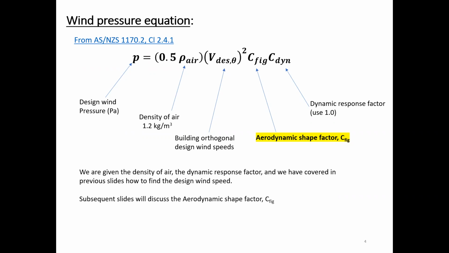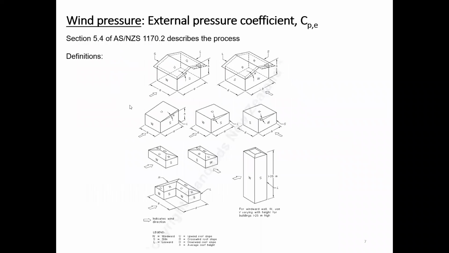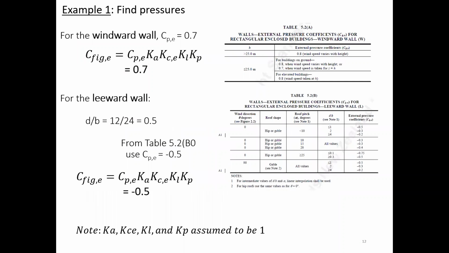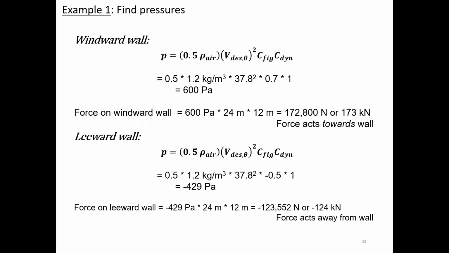So do that calculation. You should have 600 Pa for the windward wall and negative 429 Pa for the leeward wall. Do you guys get those values? Yep. Okay.